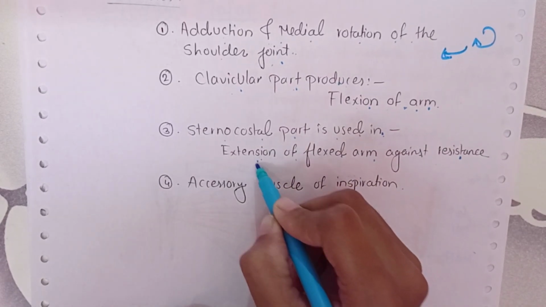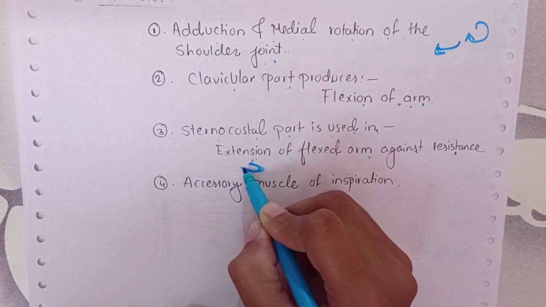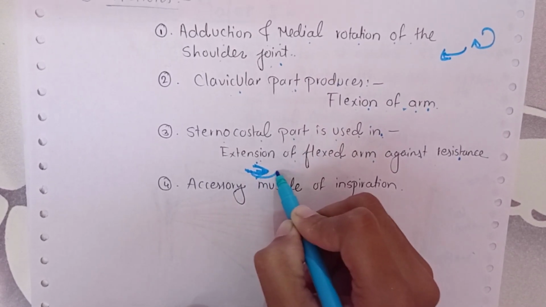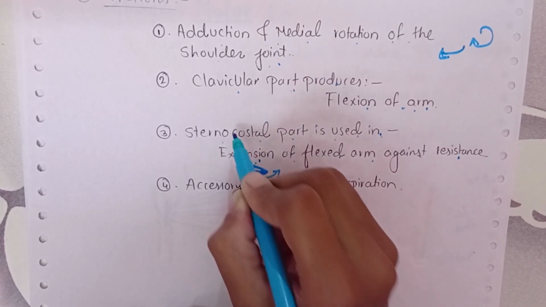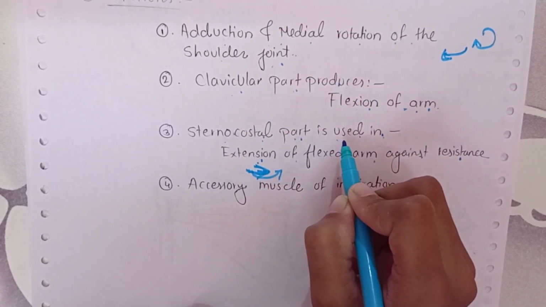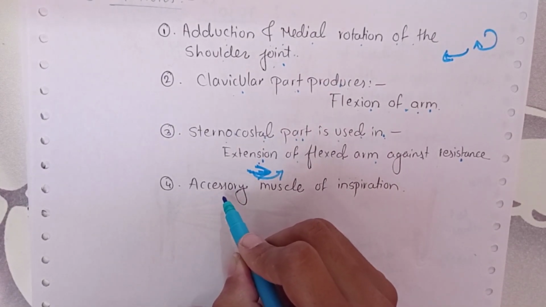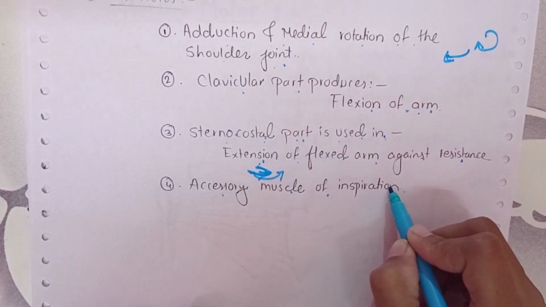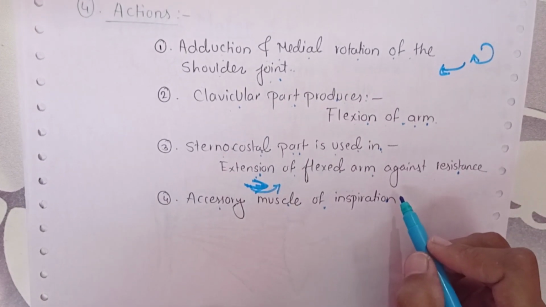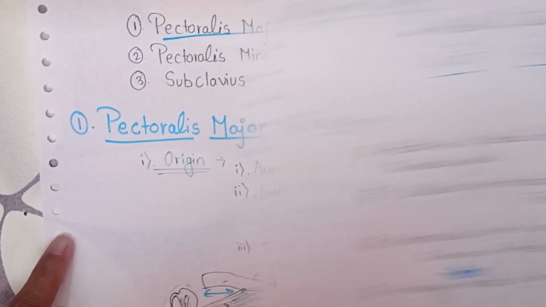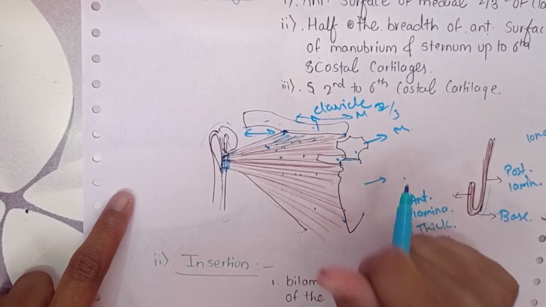If the arm is flexed, that is folded, and we provide resistance, then for the extension that takes place, the sternocostal part is helpful. It is also one of the important accessory muscles of inspiration. In this way, in this video we have learned about the pectoralis major's origin, insertion, nerve supply and action.